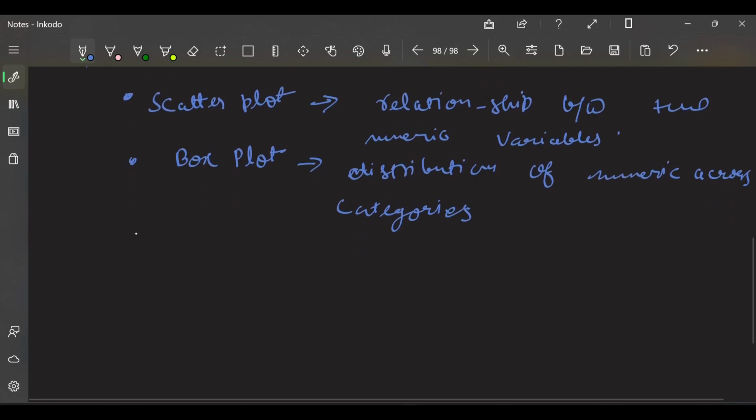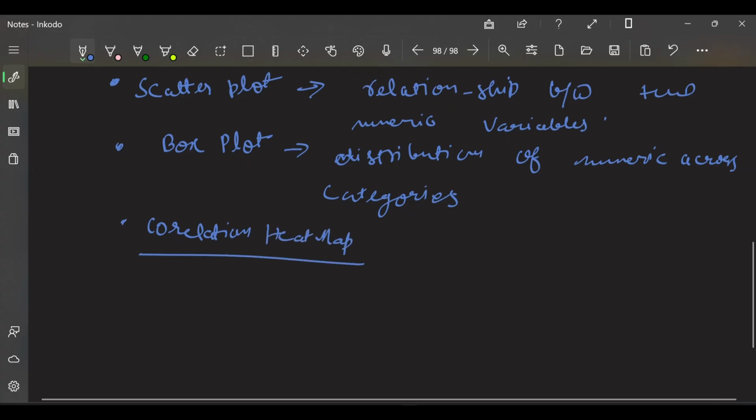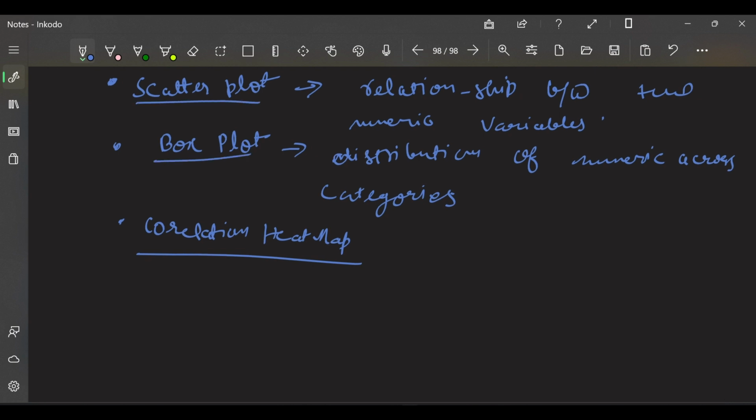There is one more, which is the correlation heat map, which is used to check the relationship.